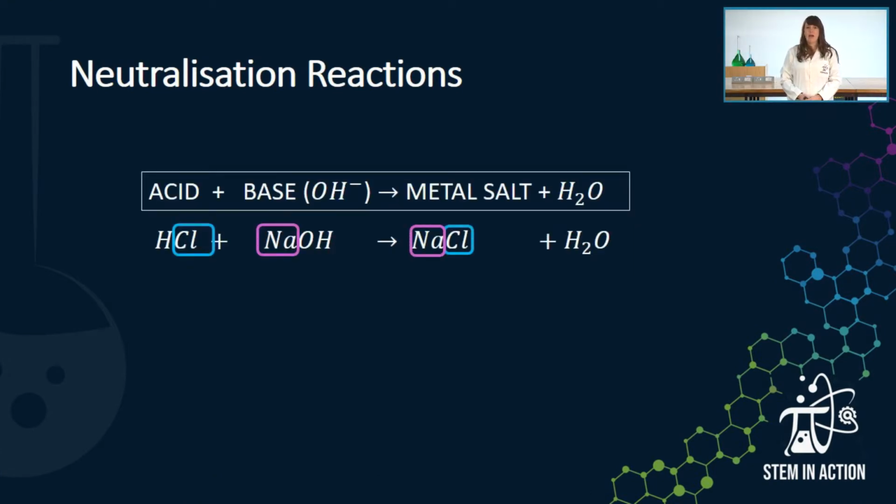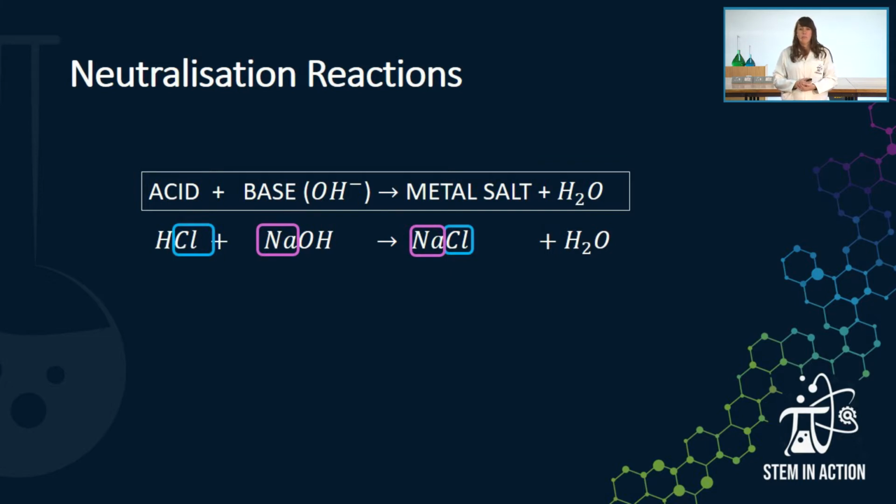Neutralization reactions happen between an acid and a base. We have two forms of that. We can have an acid and a hydroxide base that will form a metal salt and water. For example, hydrochloric acid reacting with sodium hydroxide to form sodium chloride and water.